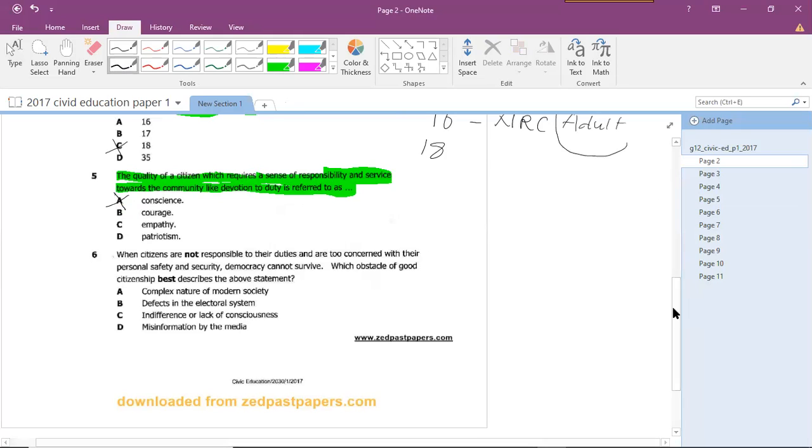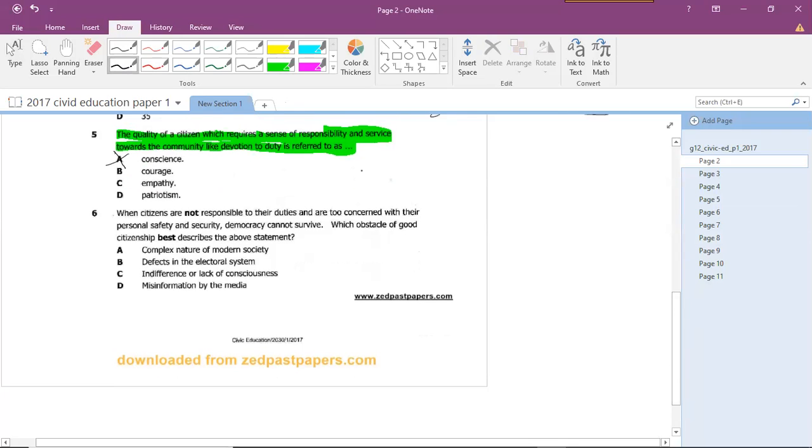We move on to question 6. Question 6 states that when citizens are not responsible for their duties and are too concerned with their personal safety and security, democracy cannot survive.